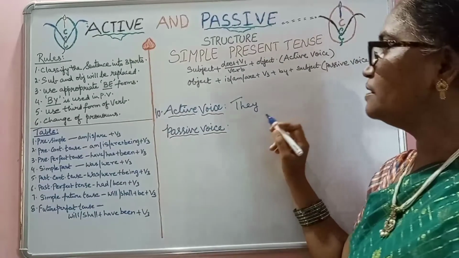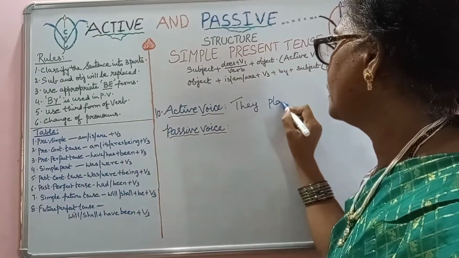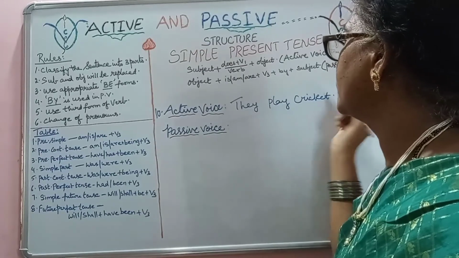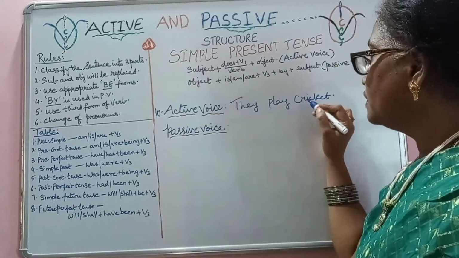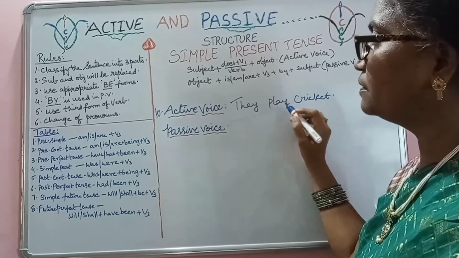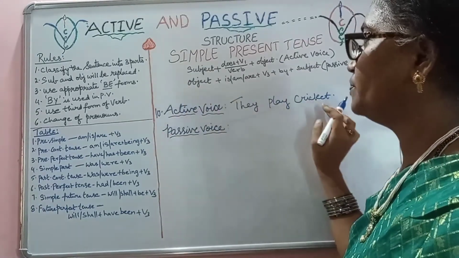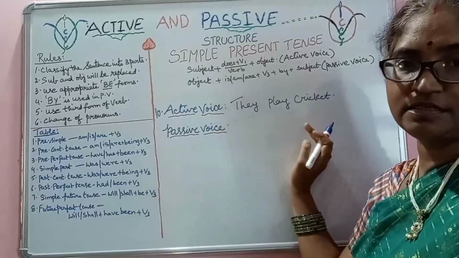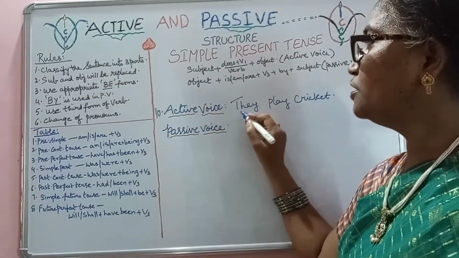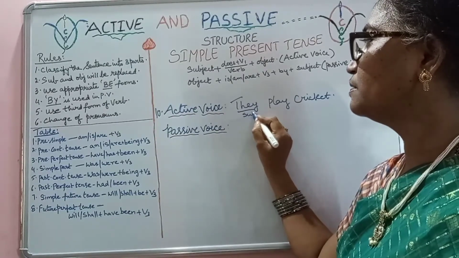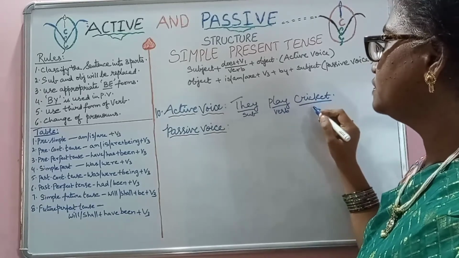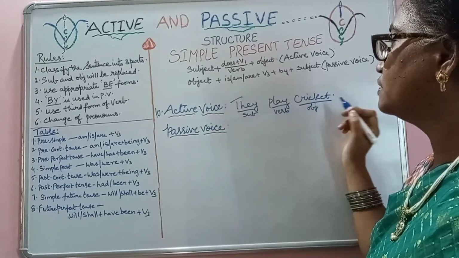This is the 10th sentence. They play cricket. See here, first, we classify the sentence into three parts. I am recapping once in the 10th sentence. You just observe clearly. First rule as mentioned, subject, and here the verb, and here it is an object.